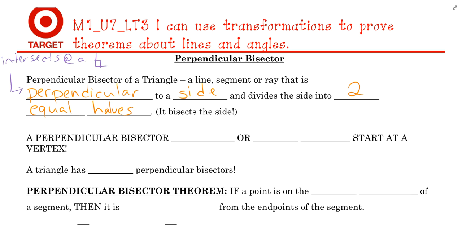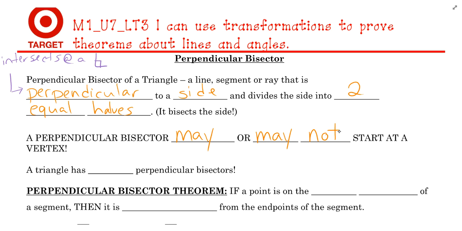So a perpendicular bisector may or may not start at a vertex. Okay, so if we have an equilateral triangle, then your perpendicular bisector is going to intersect the vertex of, or each vertex of that triangle.